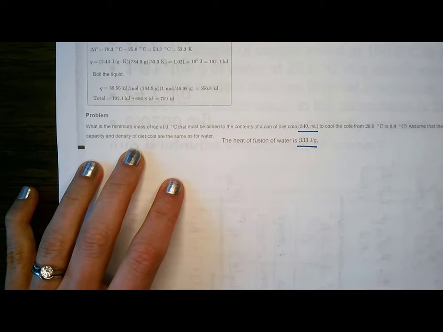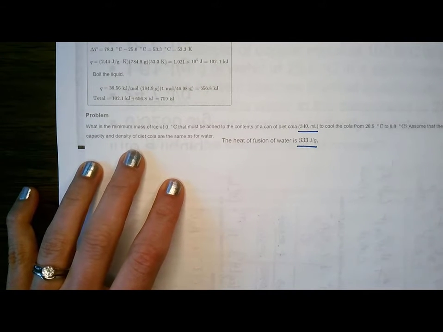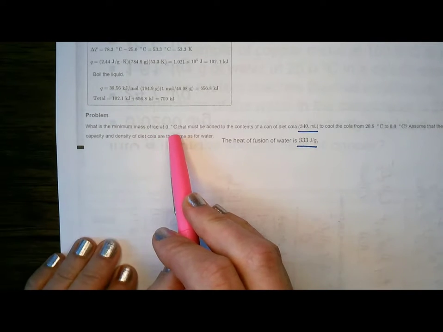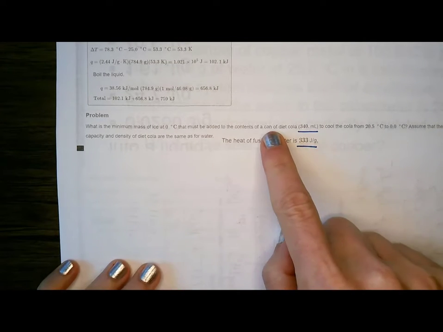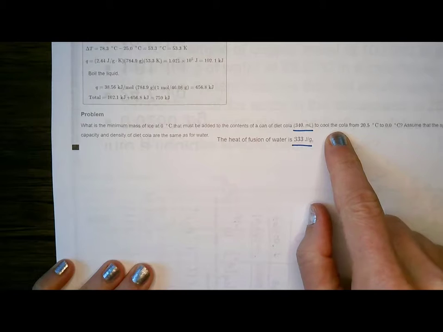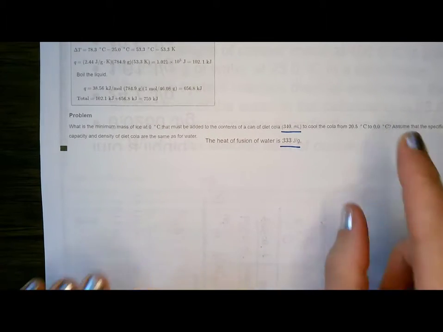All right, so we have ice at 0 degrees. And ice is staying at ice. It's going to melt, but we know that ice is just going to go through that heat of fusion. Okay? We have Diet Coke, our can, and our temperature is changing.